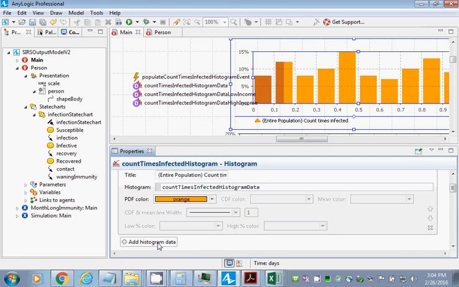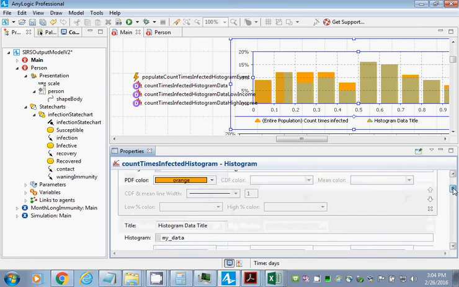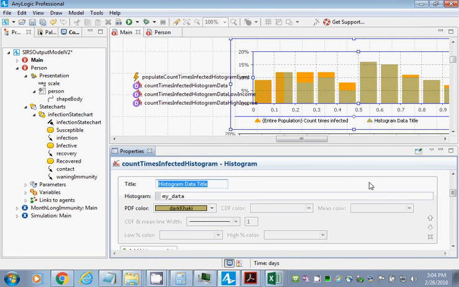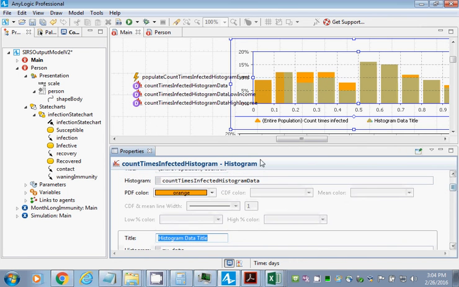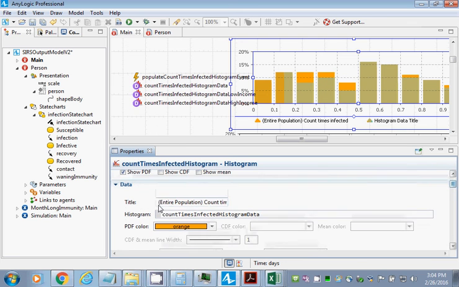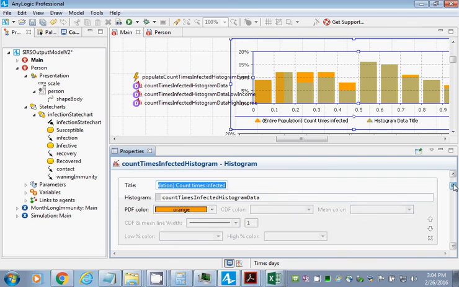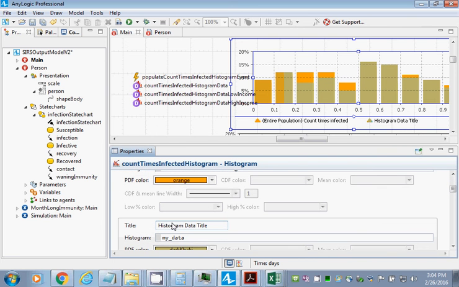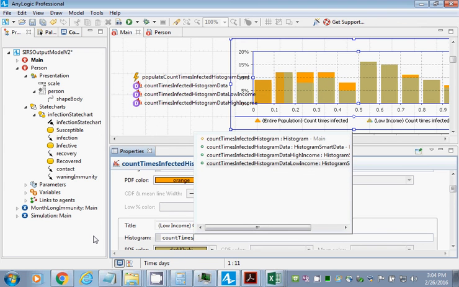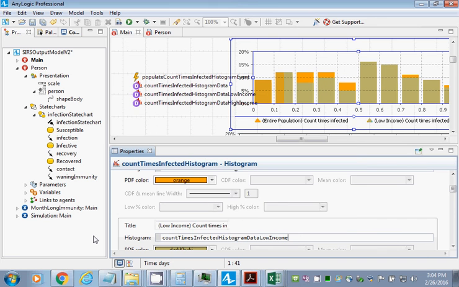Here, the histogram. Next, we'll do the same thing for high income. This will be high income, and now we'll do count times infected high income. Okay?